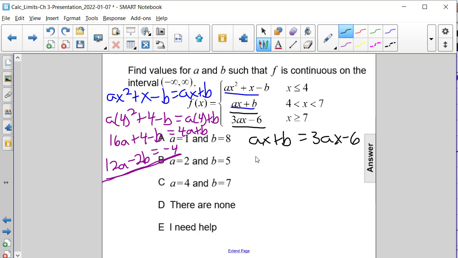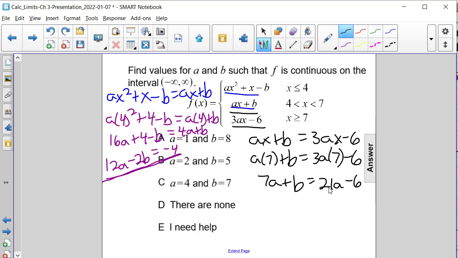So let's substitute 7 in. So we have a times 7 plus b is equal to 3 times a, and then x is 7, minus 6. And when we simplify this further, we'll have 7a plus b is equal to 21a minus 6. If we subtract 21a to this side, we will have negative 14a plus b is equal to negative 6.